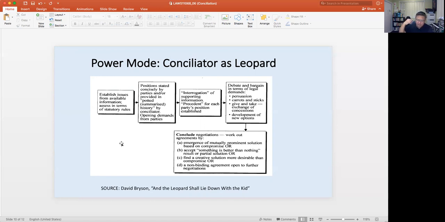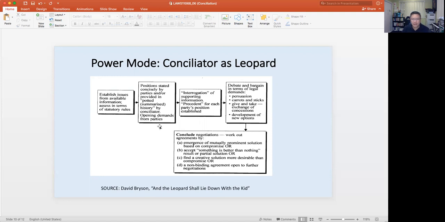He does so from the viewpoint of how he understands the law and his knowledge of the law. From there, the positions are stated concisely by the parties and are provided in a potted history by the conciliator. So the conciliator might say, okay, this is the way I understand what the history is and what I understand to be your legal positions, and this is how I understand the law to be.